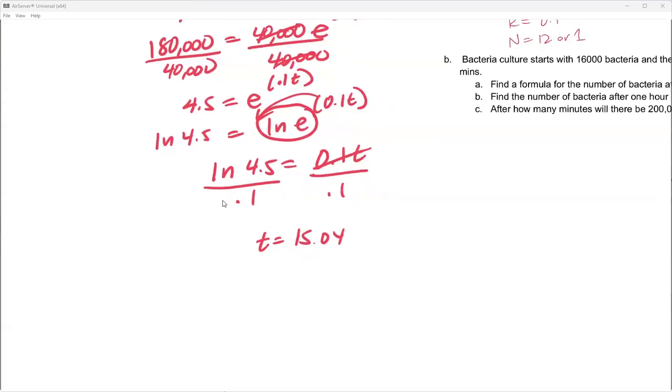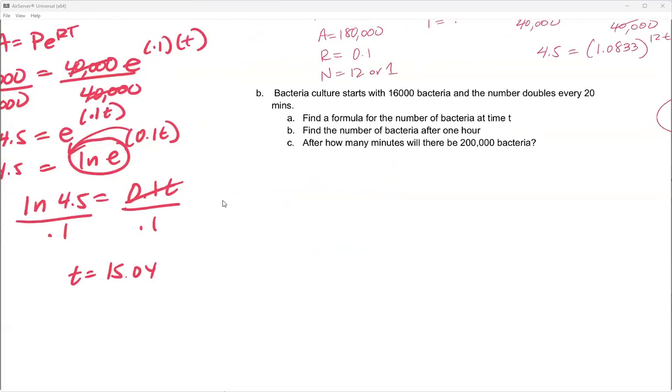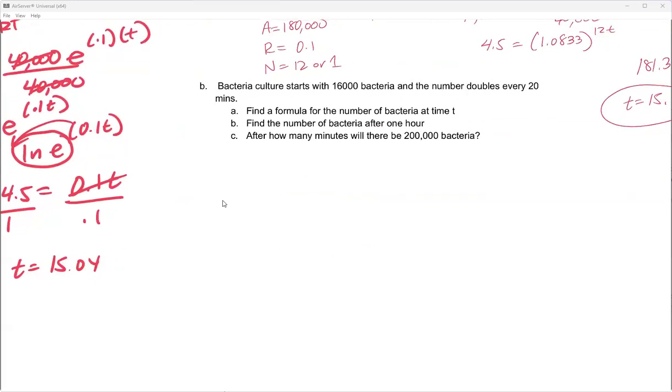Letter B is the bacteria. We didn't go over this problem, but if you see the formula right there, it's very similar to what we're doing. So find the formula for the number of bacteria at time t. This would be the formula right here: P of t is equal to P of 0 times 2 to the power of t over the number of minutes, or the rate.